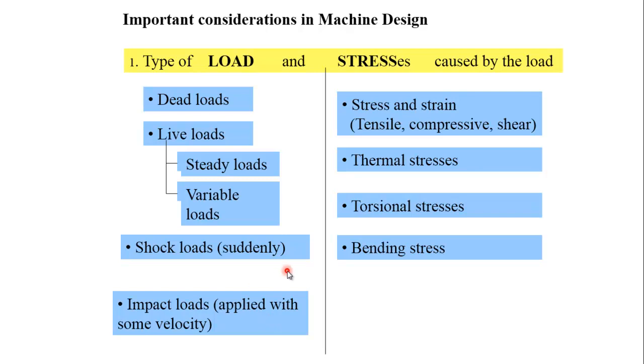A few machines will have steady loads. In a few machines, variable loading condition will be acting because of using that particular machine for different weight handling devices. Similarly, stress and strains caused on that machine will also affect the machine design.